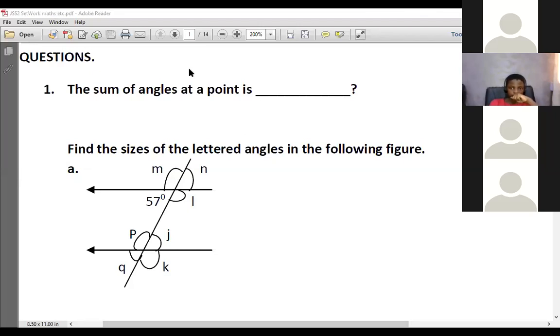Are you with me? So the sum of angles at a point is what? 360. Why? Based on my explanation, why is it 360?